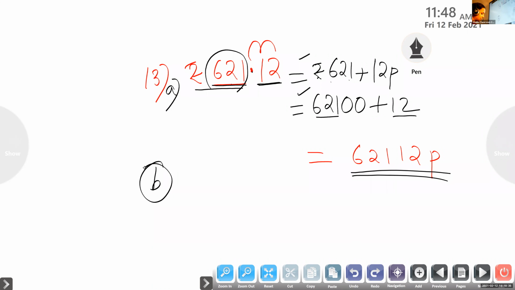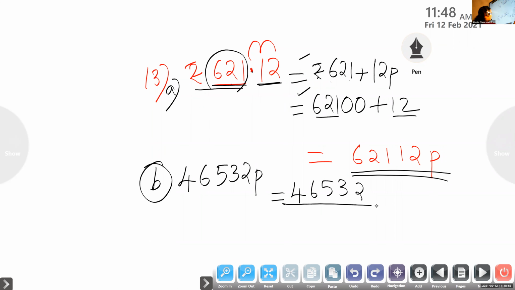Next one is paise to rupees. 46532. So children, paise to rupees, what do we have to do? We will divide by 100. We write 46532 divided by 100.